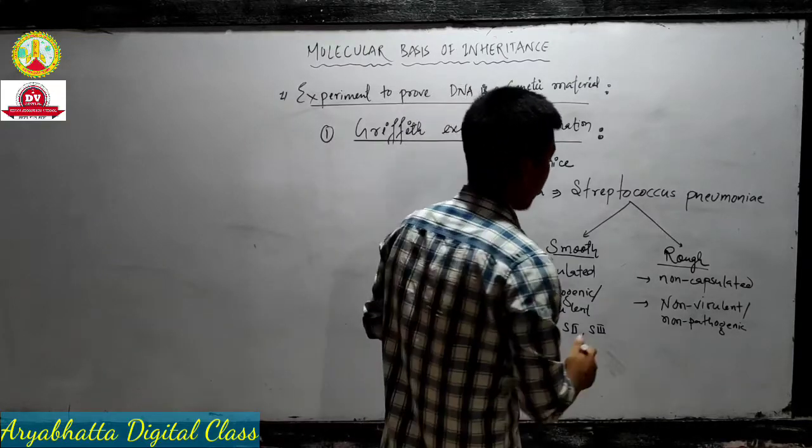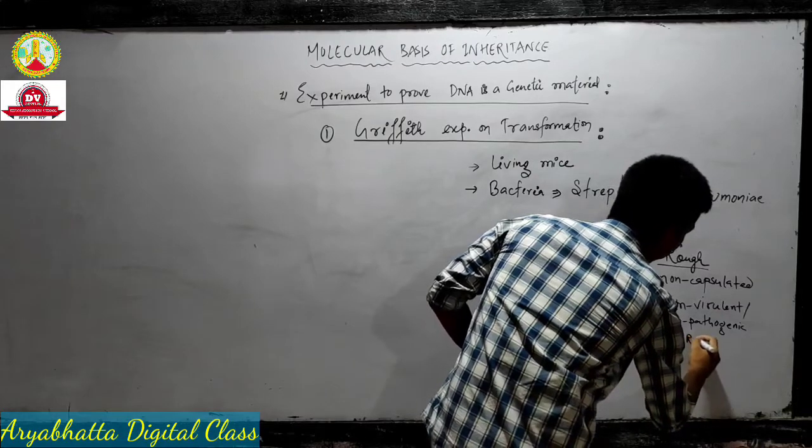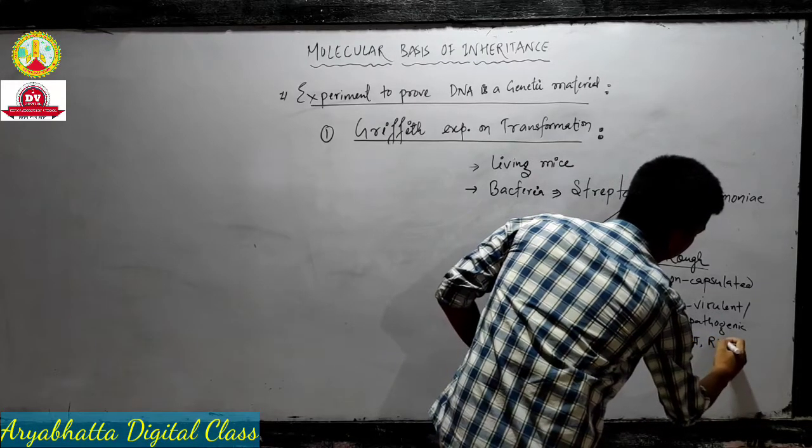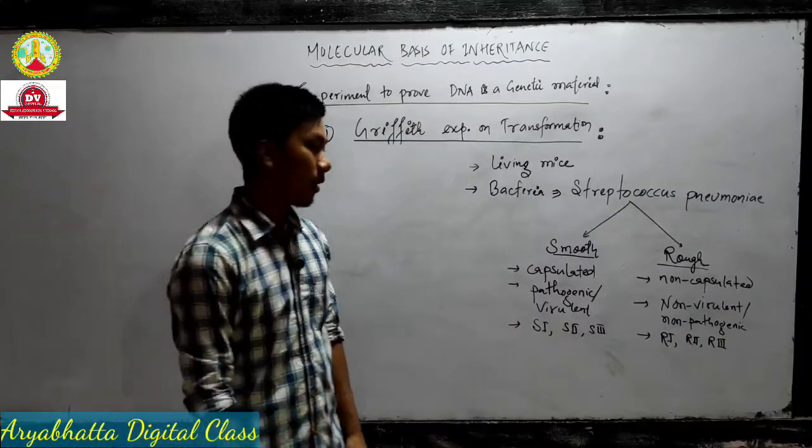Similarly, he did it for rough also. He gave them names R1, R2, R3, strain R1, strain R2, strain R3 and so on.